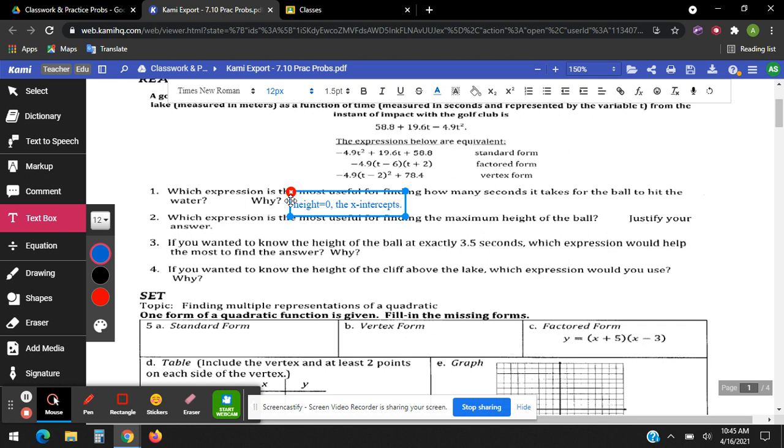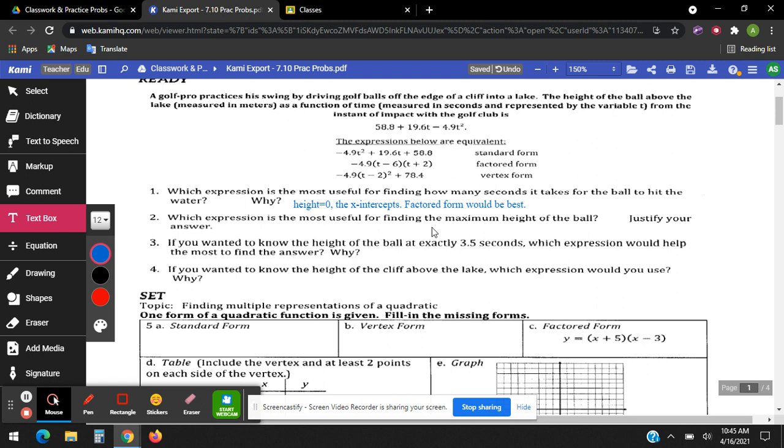So factored form would be best, because the x-intercepts would be +6 and -2, and negative doesn't make sense. So it's 6 seconds. That's when it's going to hit the water.